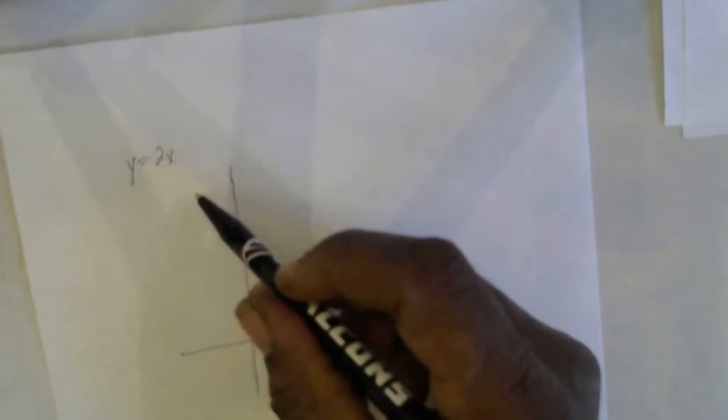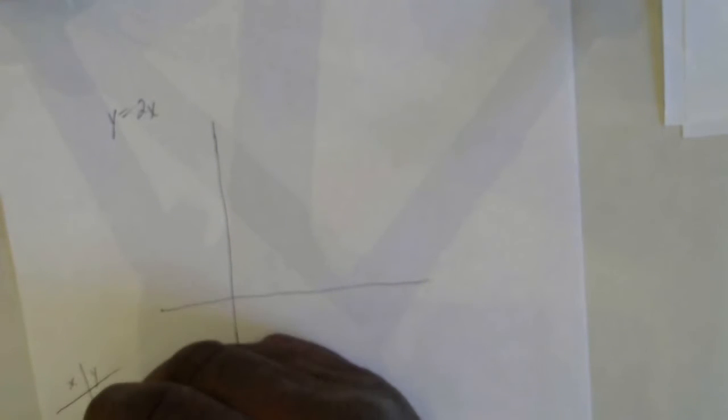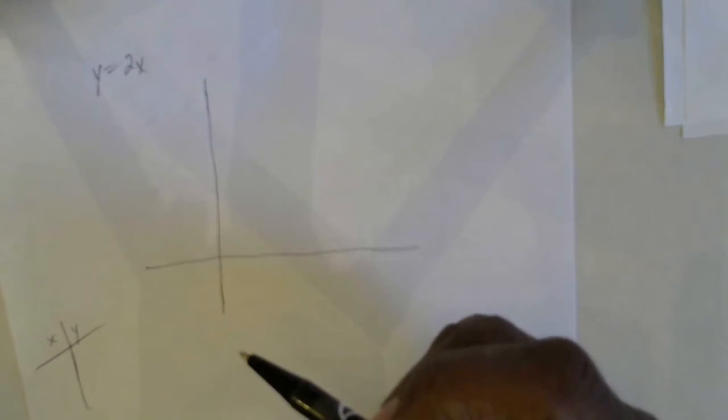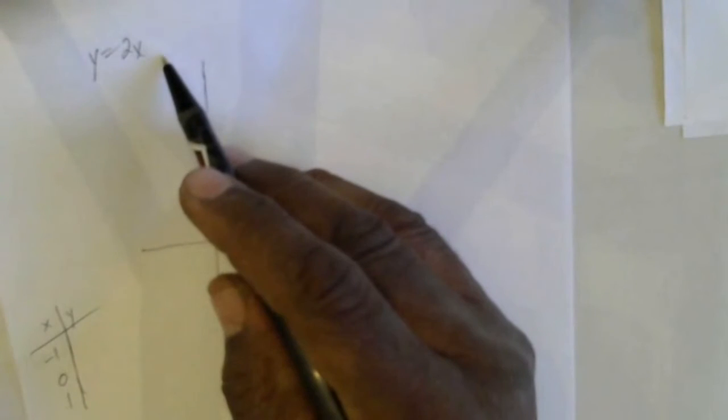I'm going to graph it just using a basic x and y chart. Normally when you make an x and y chart, you should use the negative numbers, 0, and a positive number. So I'm going to use -1, 0, +1. And I'm going to substitute into the formula.